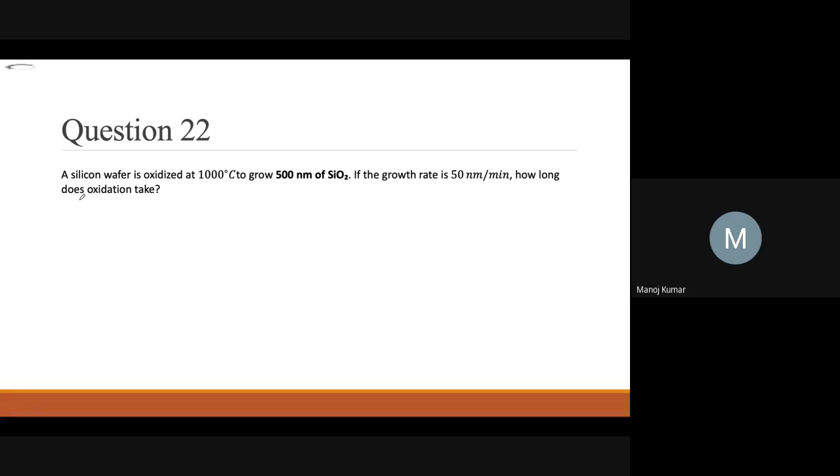Ma'am, thickness by growth rate. Yes, thickness by growth rate. What is the right answer? 10 minutes, ma'am. Yes, 500 by 50, so it needs 10 minutes.